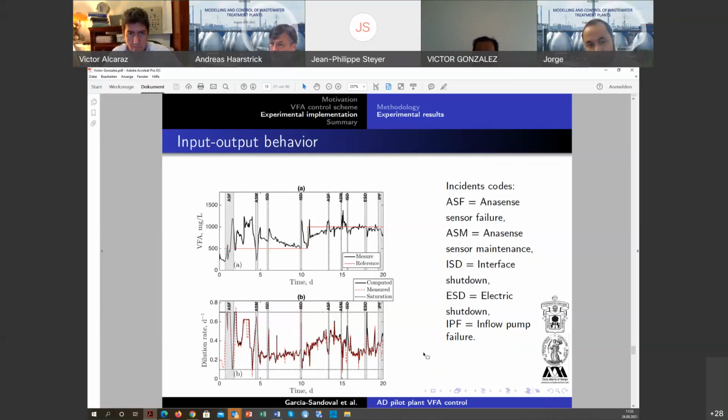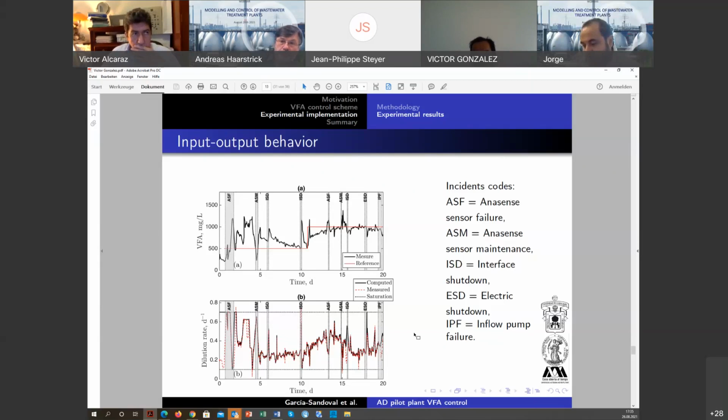So we set the reference signal, the set point of the volatile fatty acids concentration. So we close the control loop.